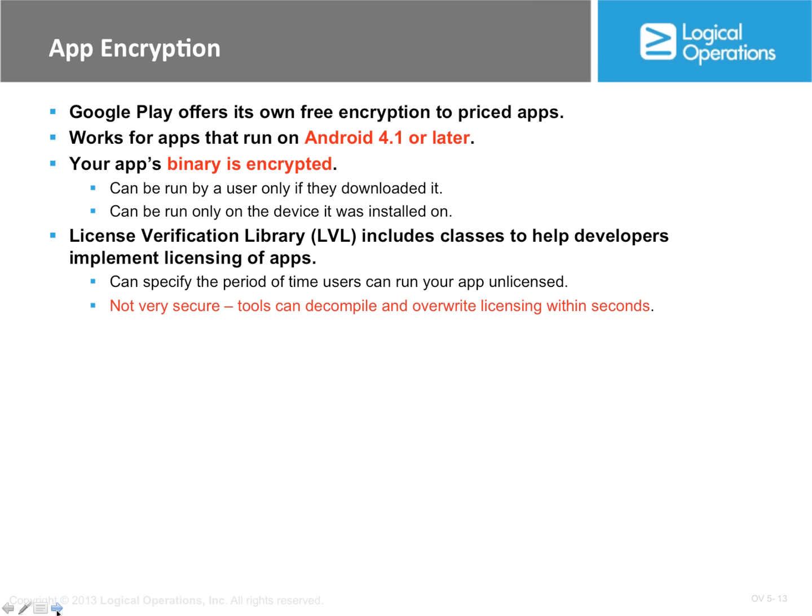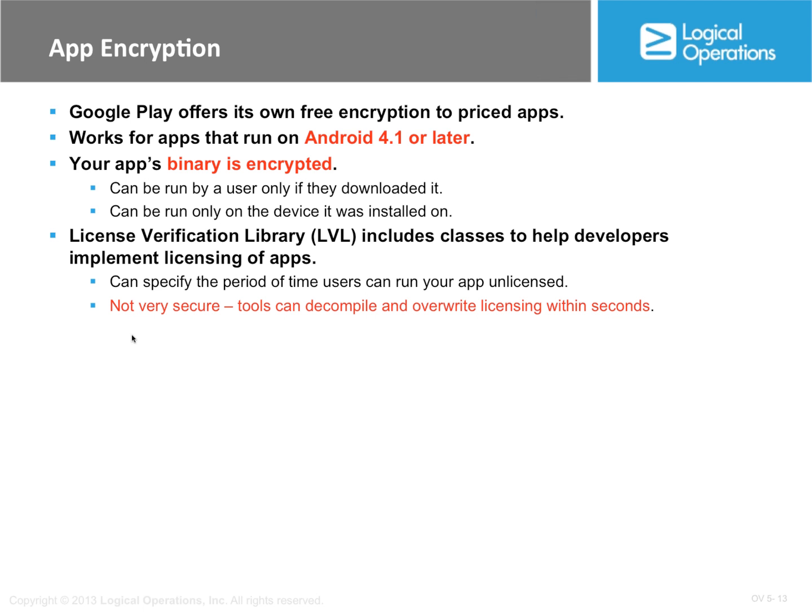However, it is for Android 4.1 or later, right? So take note of that. Applications for a fee are encrypted, or at least offered to be encrypted, on Android 4.1 or later, and the app's binary is encrypted. So those are all very key points to take note of and to be cognizant of as well.